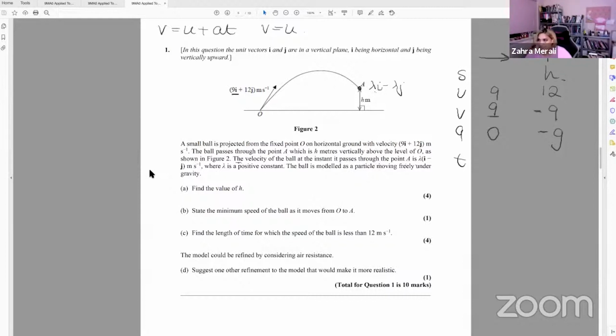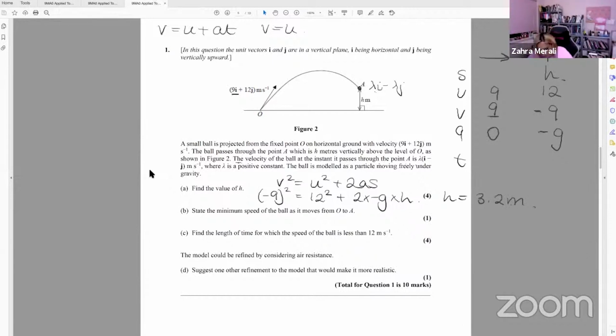And if we want to find h, we can just use v squared equals u squared plus 2as in the vertical direction. So v is minus 9, so we've got minus 9 squared equals 12 squared plus 2 times minus g times h. Rearrange that for h and we get 3.2 meters.